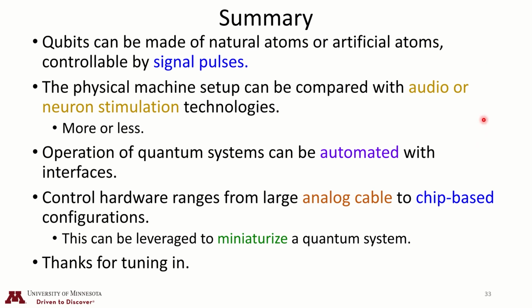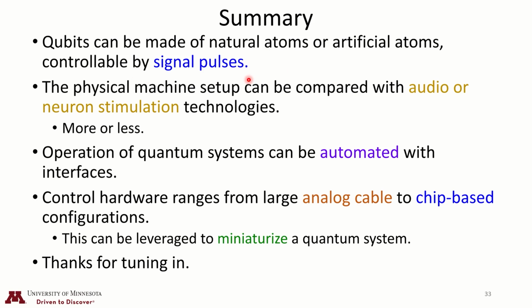In summary, we covered the different kinds of qubits that come in two form factors, the natural atoms and the artificial atoms. Regardless of which one you build or use to create a quantum bit, you can control it by a signal pulse.